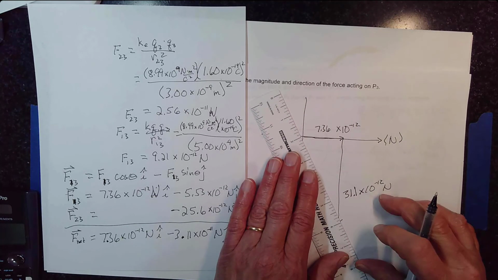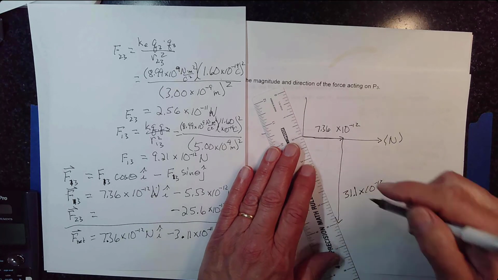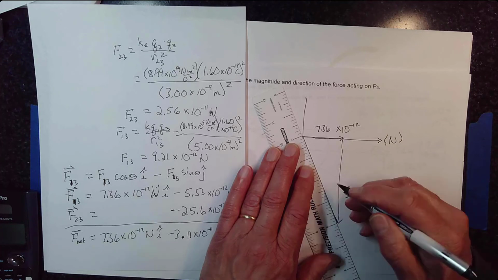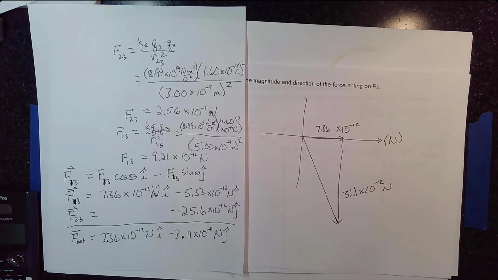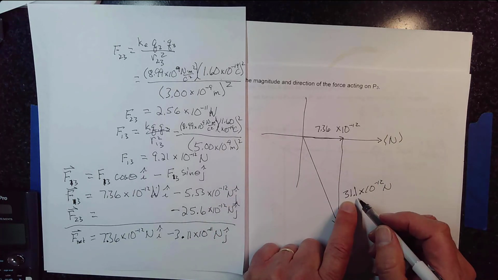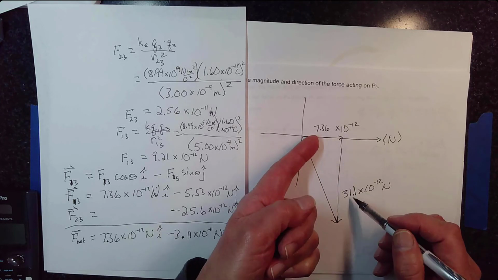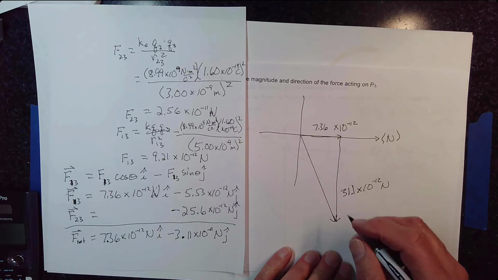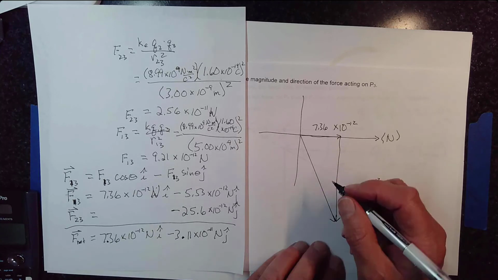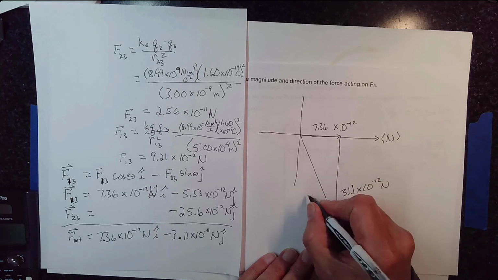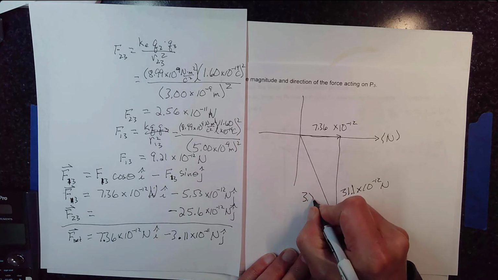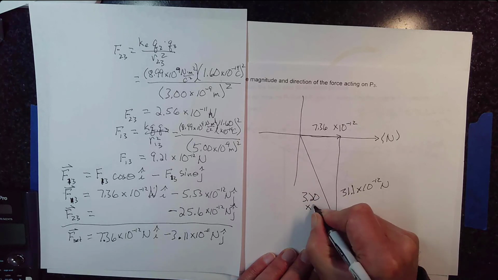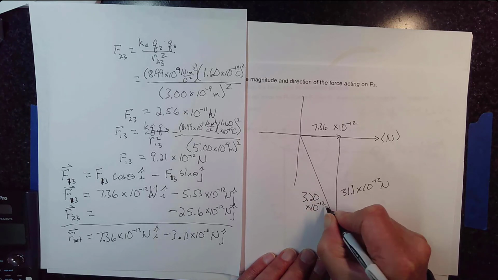So I would expect that when I calculate this net force, I'll get something a bit bigger than 31.1, and I'll take these two things and square them together, and I do. Okay, so for the magnitude of this force, I get 3.20 times 10 to the minus 11th newtons.